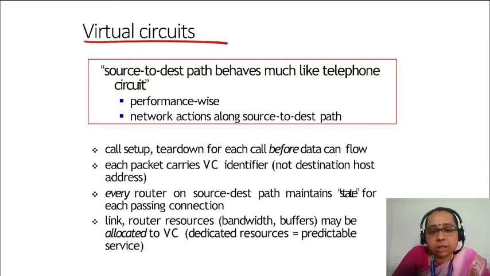Here the term state refers to stateful or stateless, that is, connection-oriented or connectionless service. Link and router resources, like bandwidth and buffers, may be allocated to virtual circuits, which are dedicated resources for predictable service.